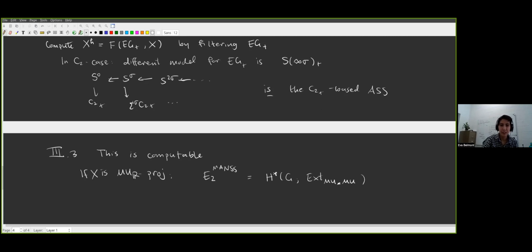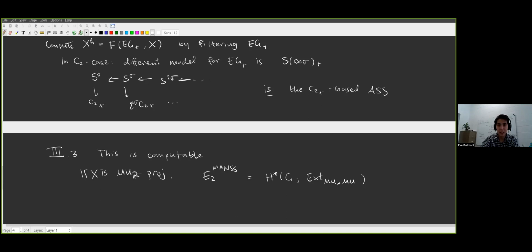So this is one thing, and then if X has trivial action, you get a different form for the E2 page.